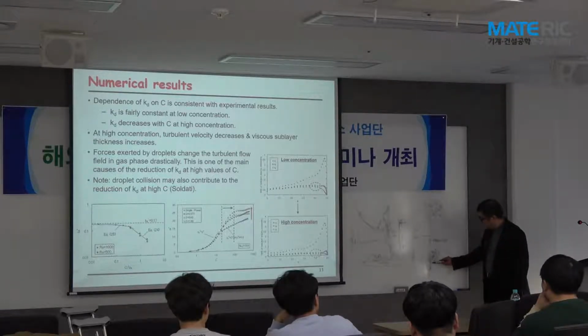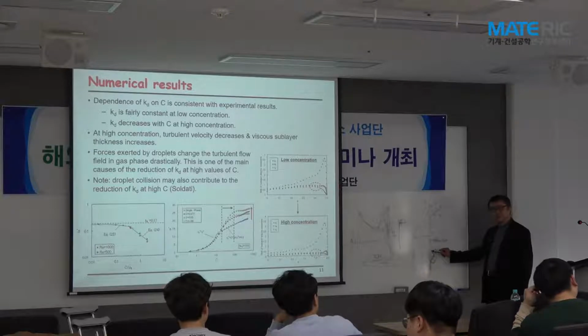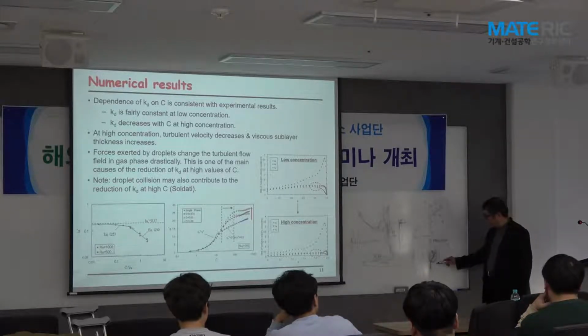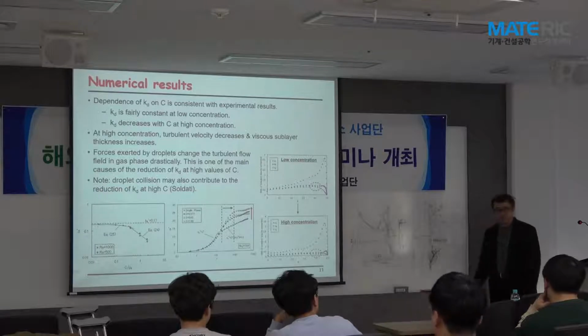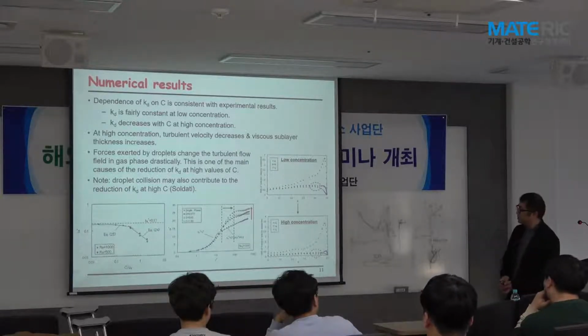However, if this is divided into two small eddies, the droplet is affected like this, and the next one is affected like this. In this case, it first comes from here to here, and it's likely to deposit. In the other case, it goes in a randomly different direction. So as a result, the trajectory tends to become straight. This is the basic mechanism of the reduction of the deposition rate with the increase of the droplet concentration.